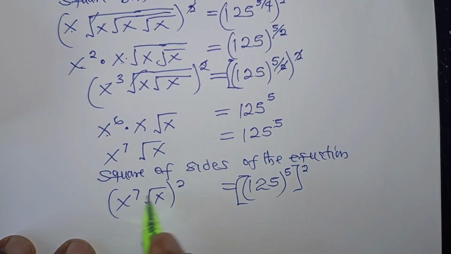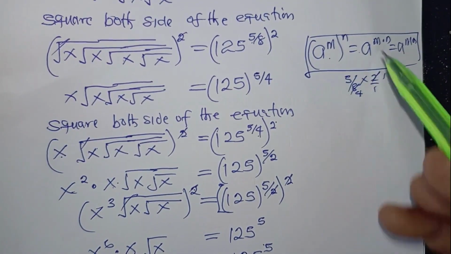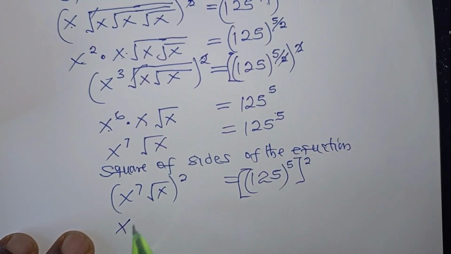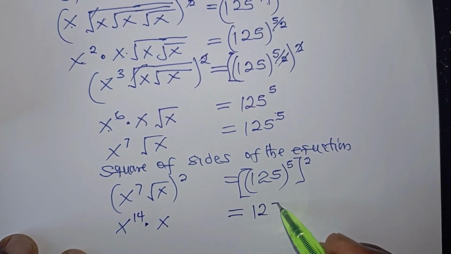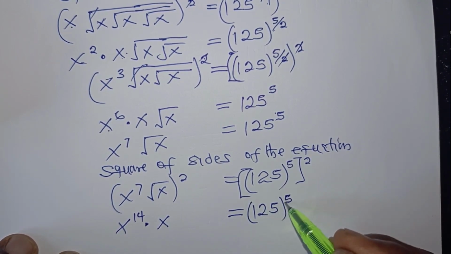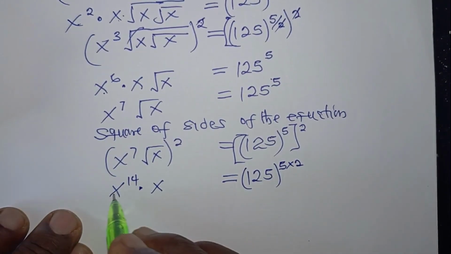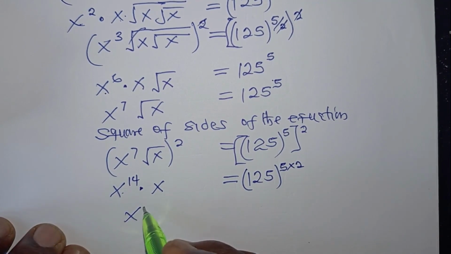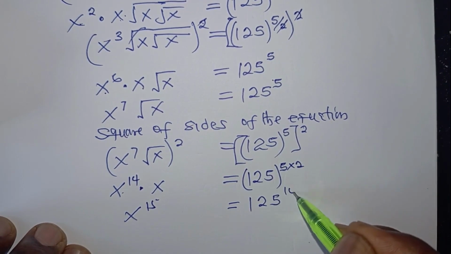Applying the product and exponent rule, we have x to the power 14 multiplied by x equals 125 to the power 5 squared. So 5 squared, that's 5 times 2. So here we have x to the power 15 equals 125 to the power 10.